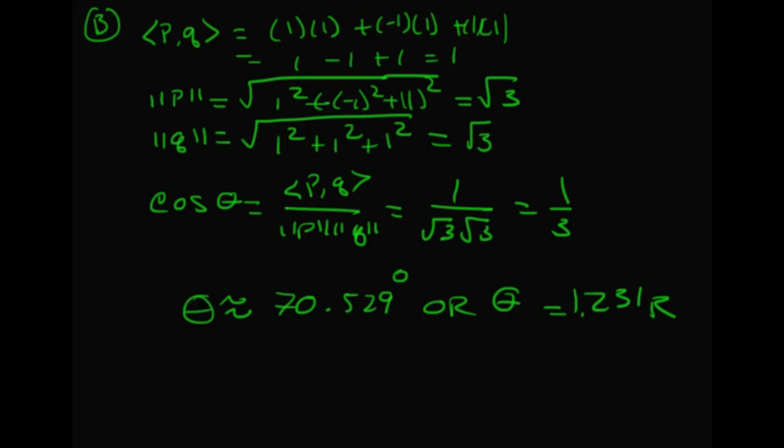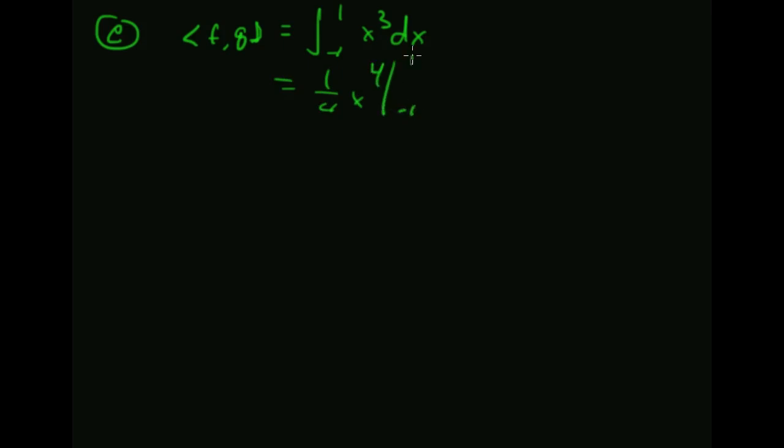All right, so let's look at the last part of it. The last part of the problem, C here, is let's start with the inner product of f and g. It comes out as the integral from negative 1 to 1 of x cubed dx. It's going to become 1/4 x to the 4th. And this is fantastic because that's 1/4 of 1 minus 1, which is 0.